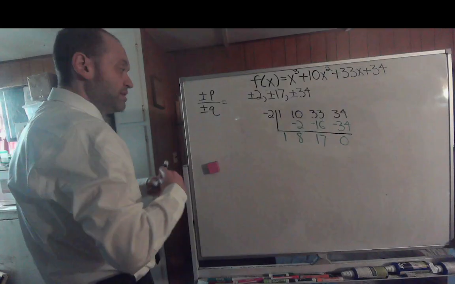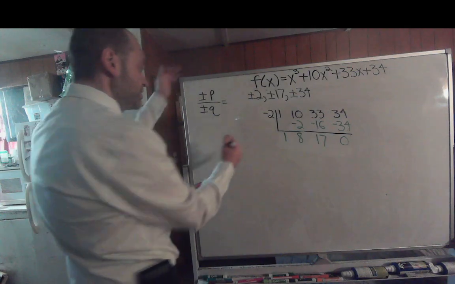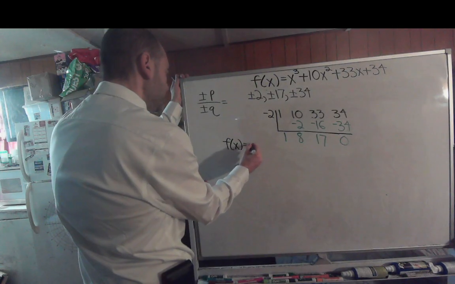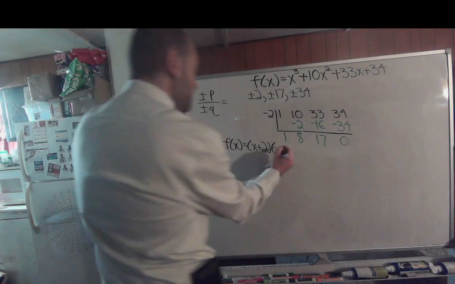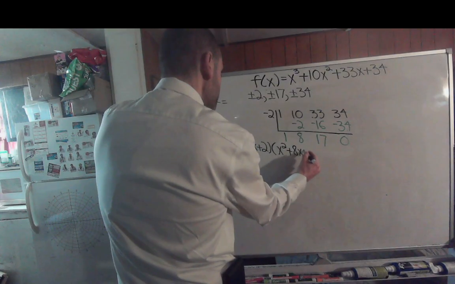So pretty much immediately we found the factor. This will factor into f of x equals x plus 2 times x squared plus 8x plus 17.